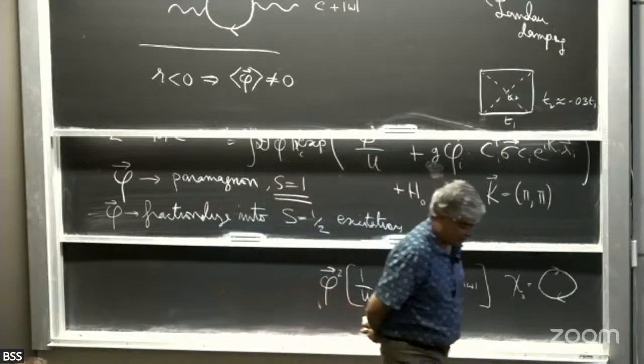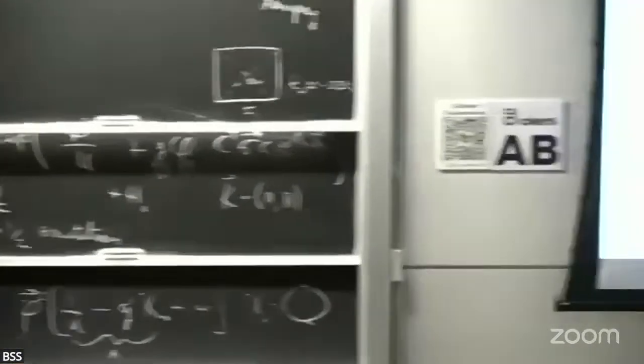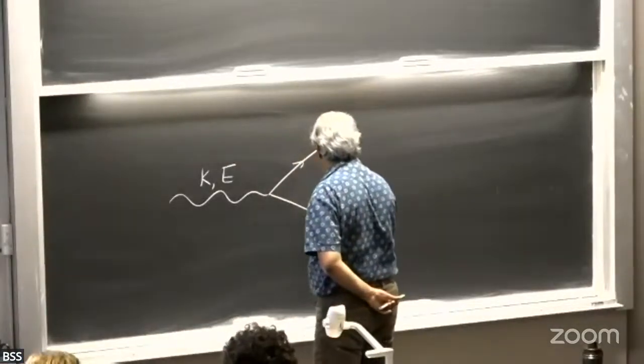No, this is a question of energy-momentum conservation. If you have a paramagnon which has some momentum k and some energy E, then it can split into two spin-ons.